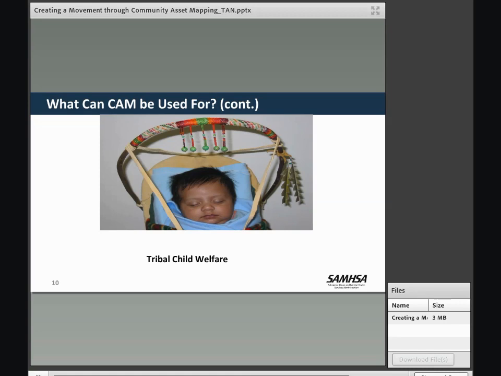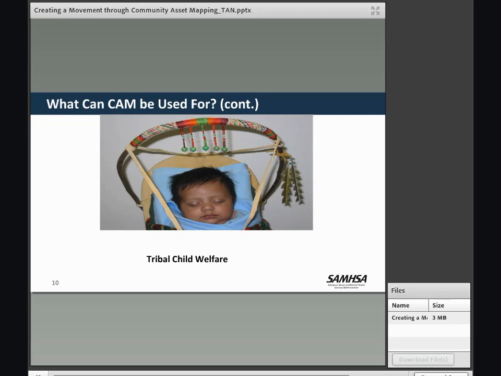So community asset mapping in this case could help by maybe creating a physical map of all the tribal foster homes. It could allow tribal leaders to analyze the distance of tribal foster homes to services and to extended family members.